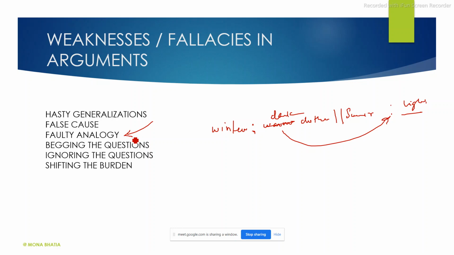Next is ignoring the question. It means shifting the focus from the topic of discussion to something else which is not related. One of its types is called argumentum ad hominem. I'll write it for you. Ignoring the question: argumentum ad hominem.